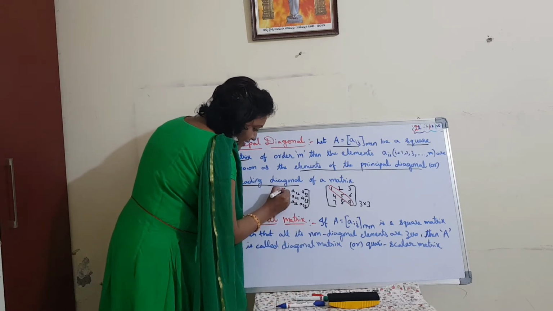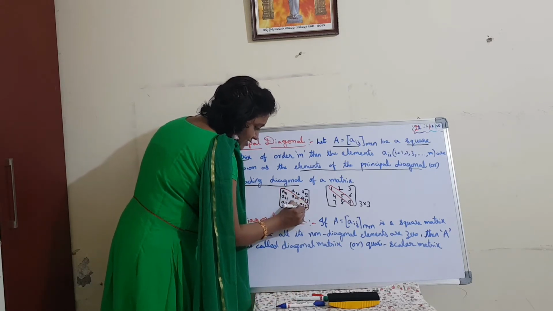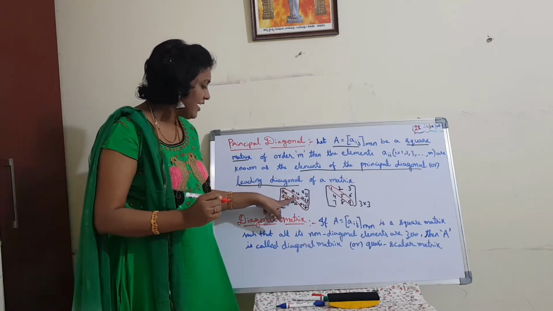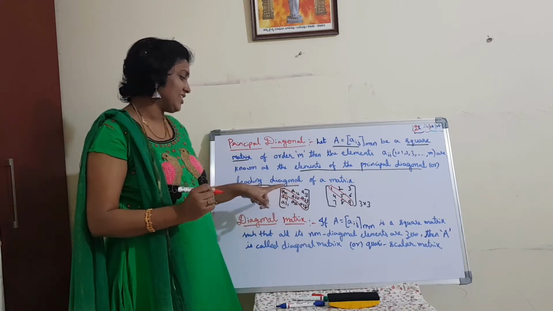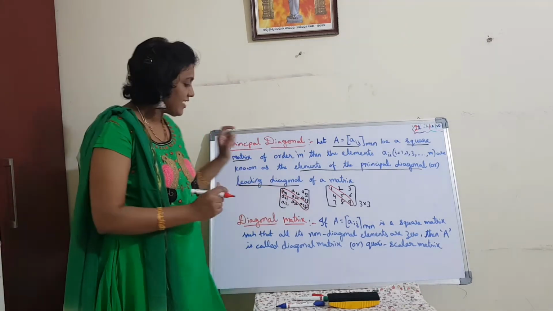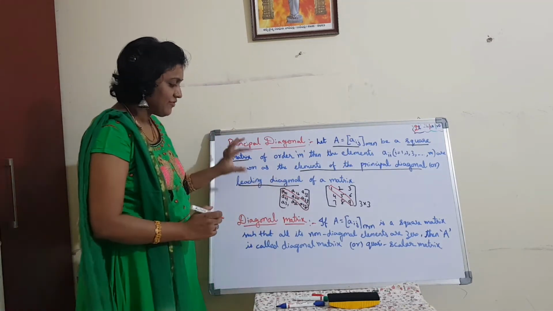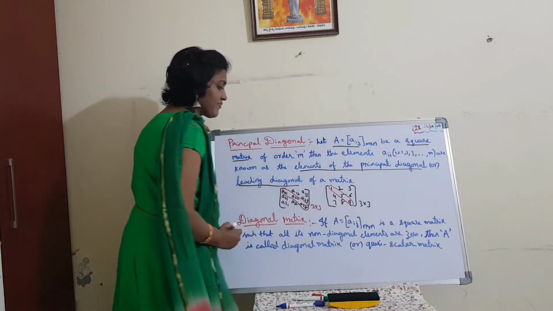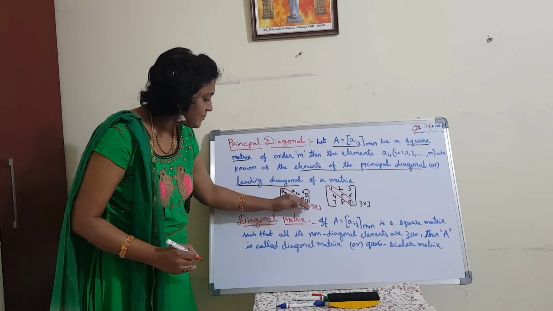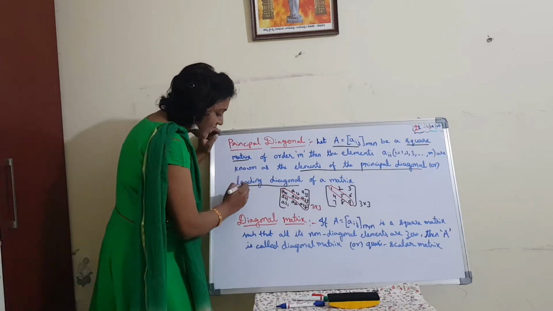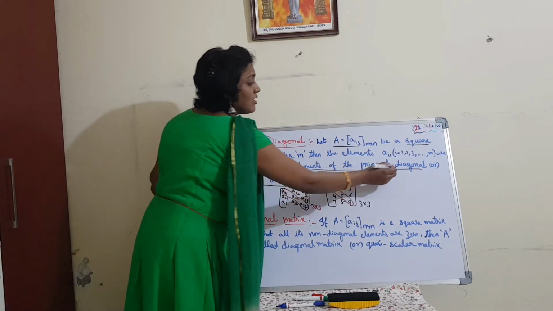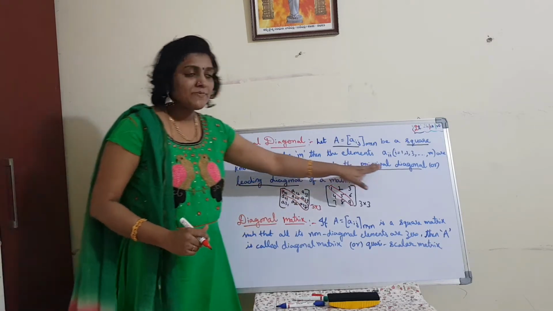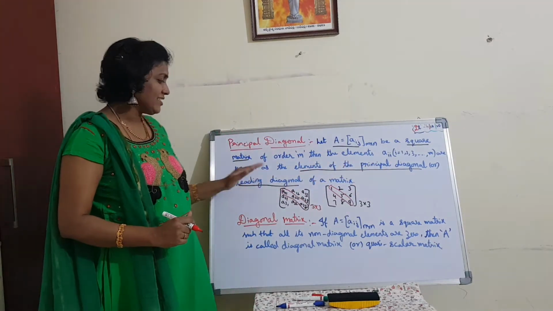Here what are the diagonal elements? a11, a22, a33. These are the 3 diagonal elements. If 3 by 3, these diagonal elements are called the leading diagonal or principal diagonal.